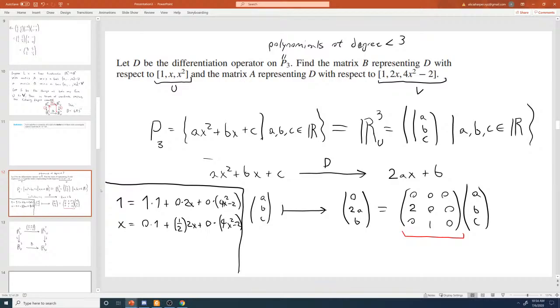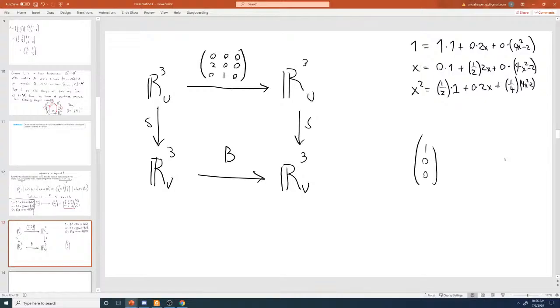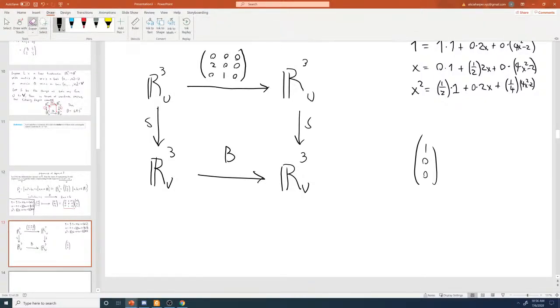And then x squared is going to be equal to 1/2 times 1 plus 0 times 2x plus 1/4 times 4. Actually, hold on. Let me give myself a little more space.